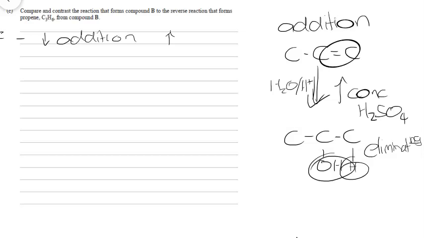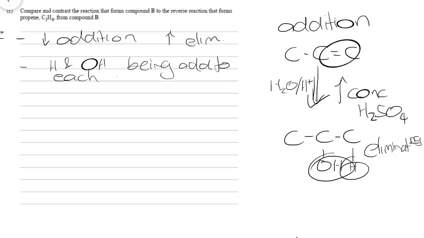Then in the opposite direction, it's elimination. And so let's just talk about where the atoms go. In this case, we've got a hydrogen and OH group being added to each carbon in the double bond.